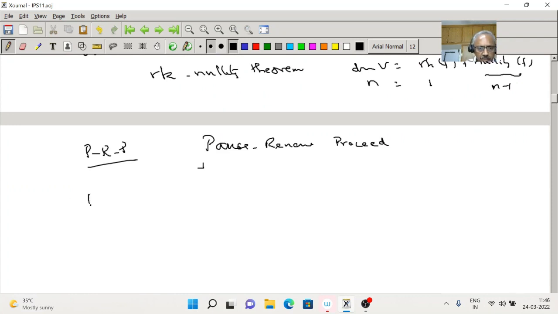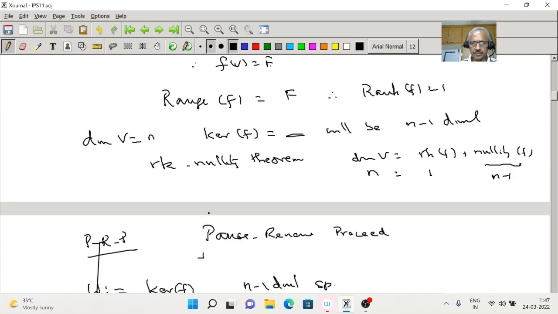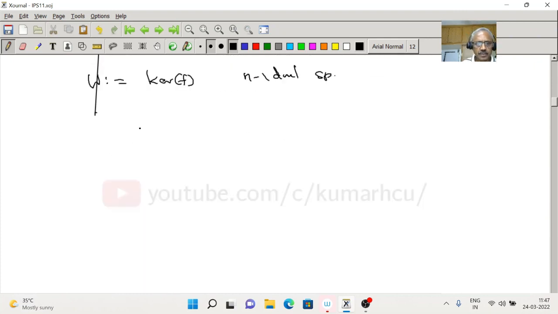Now let W equal the kernel of f. We know this is an n minus 1 dimensional subspace. We also know that the dimension of W perp must be 1, because V is W direct sum W perp, in particular an orthogonal direct sum.